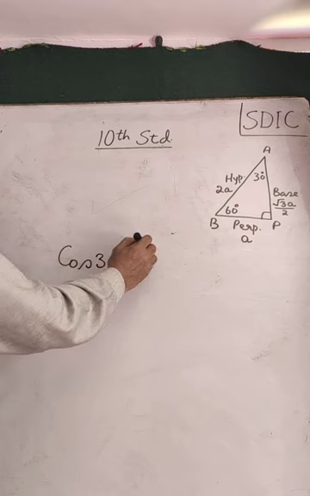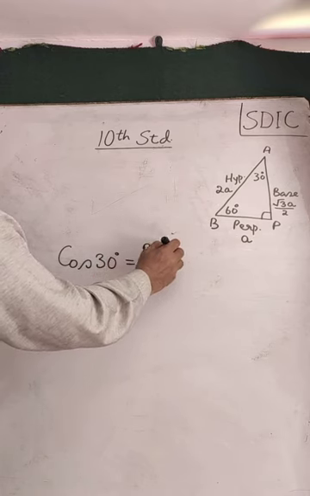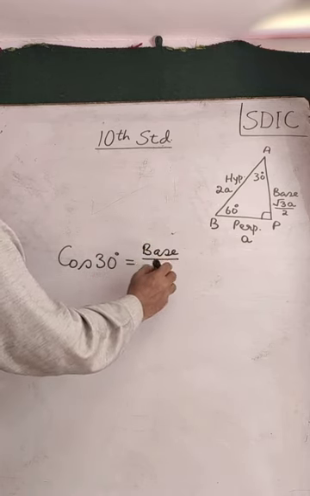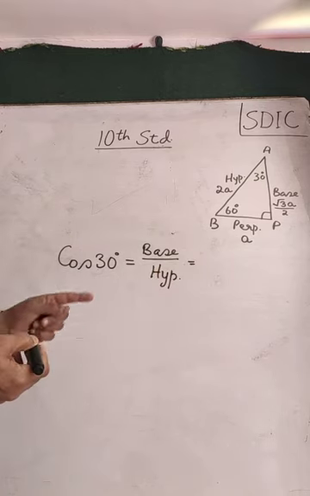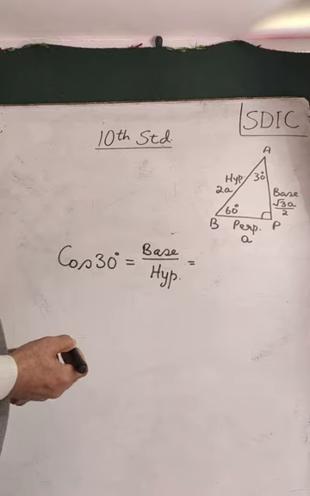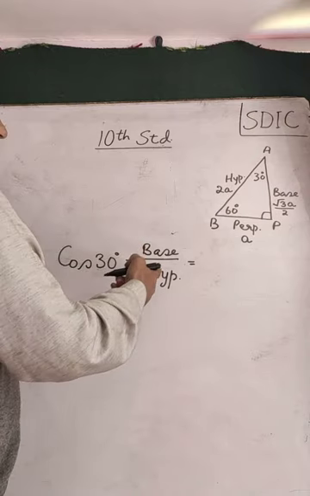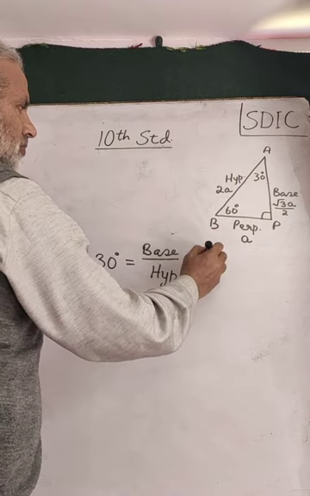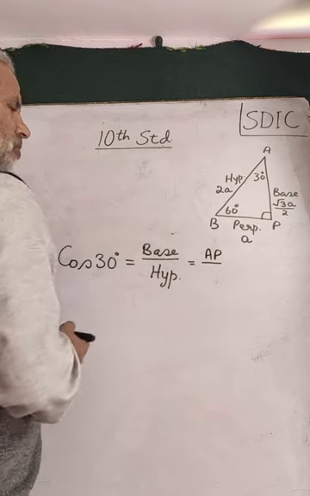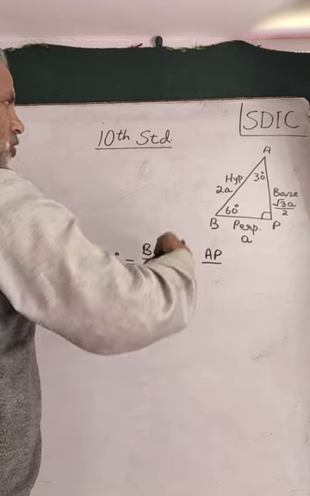Now cos 30 by definition is base by hypotenuse. And we have already identified base, perpendicular, hypotenuse in the figure. Our base with respect to 30 degree angle is AP divided by our hypotenuse is AB.